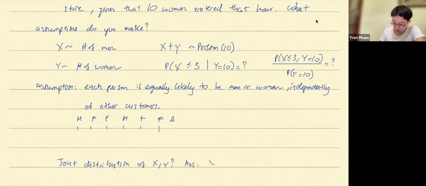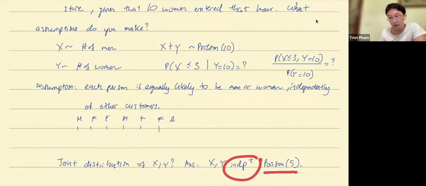The answer is X and Y are independent, Poisson 5. So two ingredients here, Poisson and independent. Both of them need to be shown.